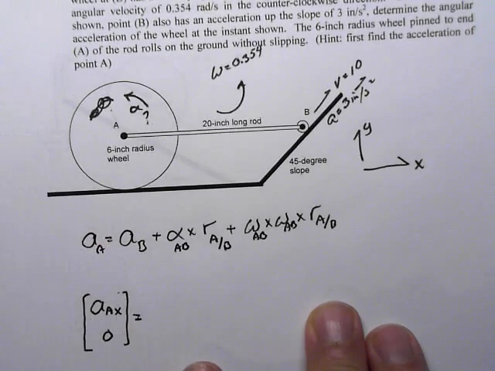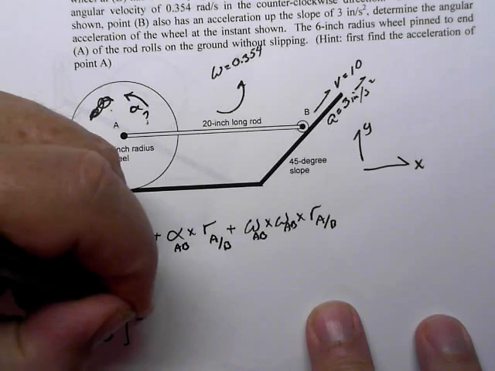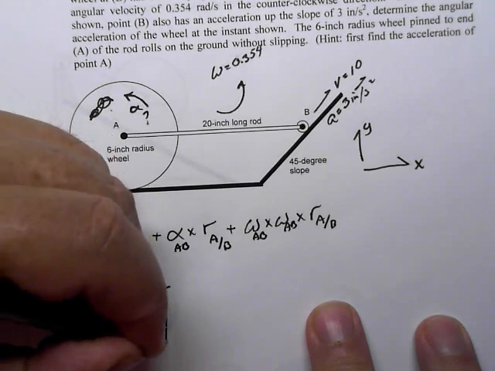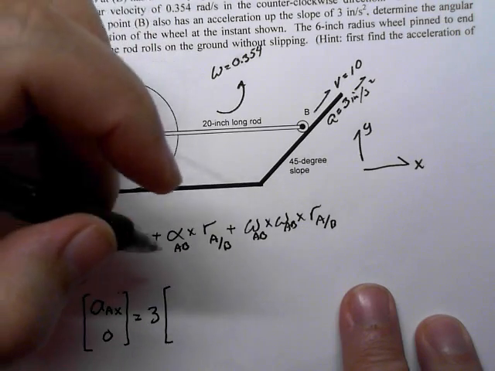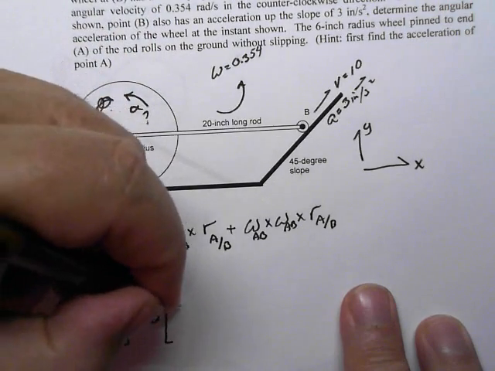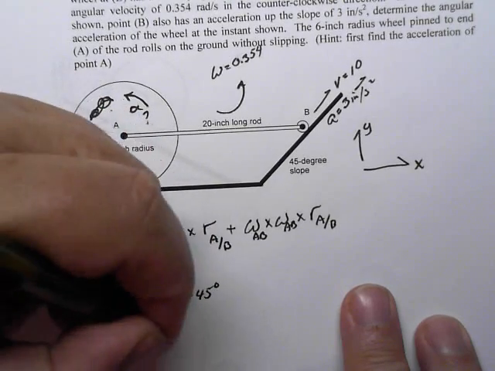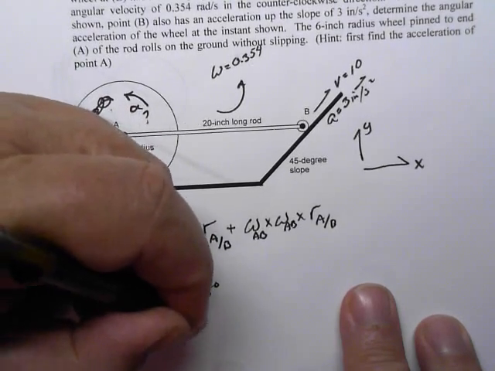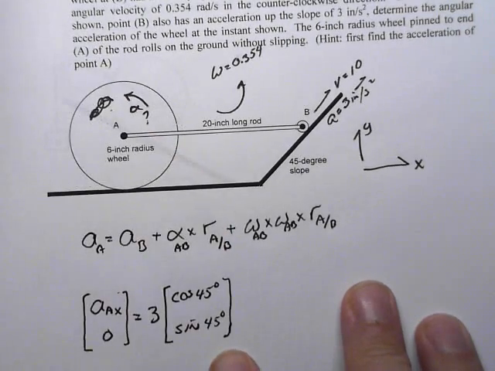And then we would say the acceleration of B, which would be a3 times, let's see, the horizontal term would be the cosine of 45 degrees and the sine of 45 degrees. Those don't really matter which is which.